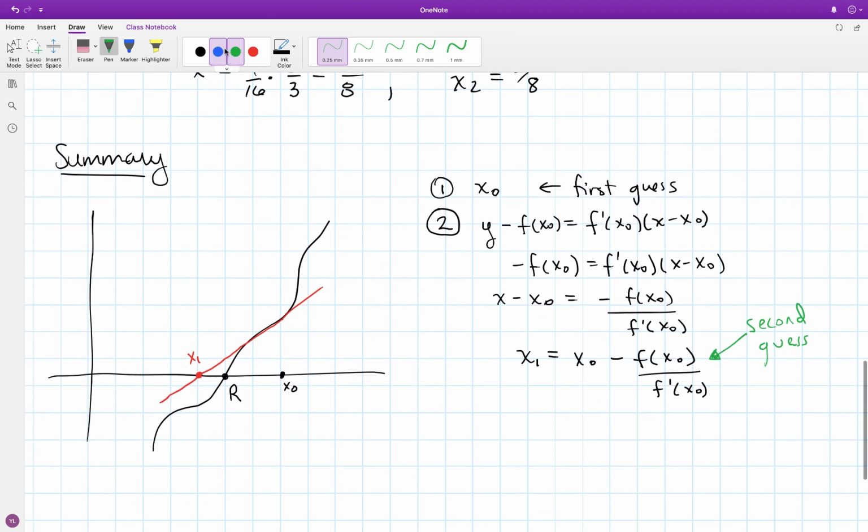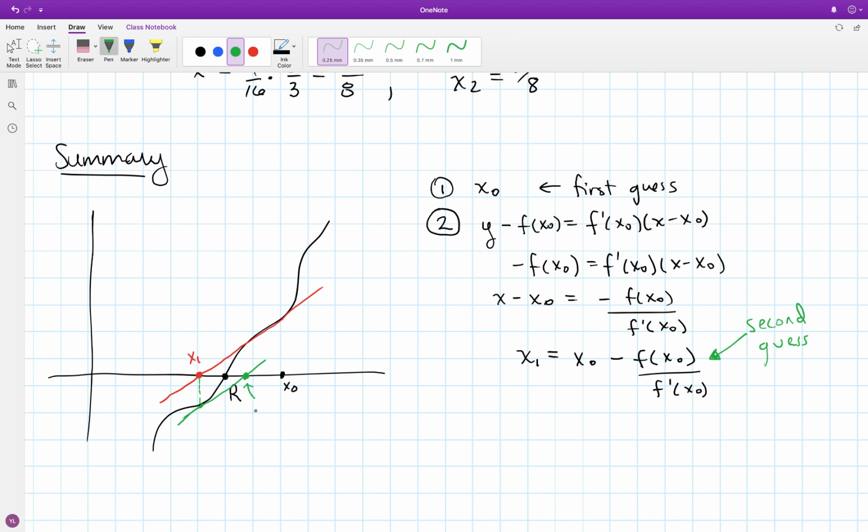Okay, and then I go down to the function, and I make a new linearization. Something like that. This picture isn't great, Desmos does a better job. But I linearize at x1, and the idea is if x1 is closer to the root than x naught is, this linearization is even better. It's going to better approximate f near where I need it to.